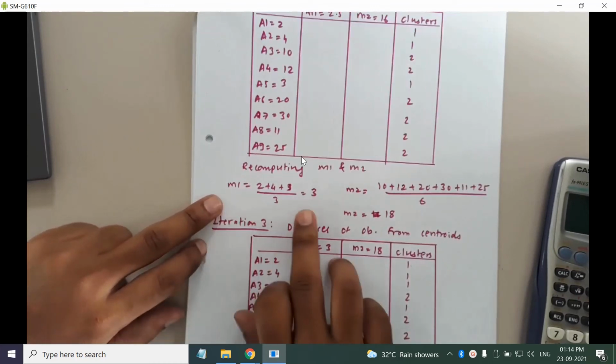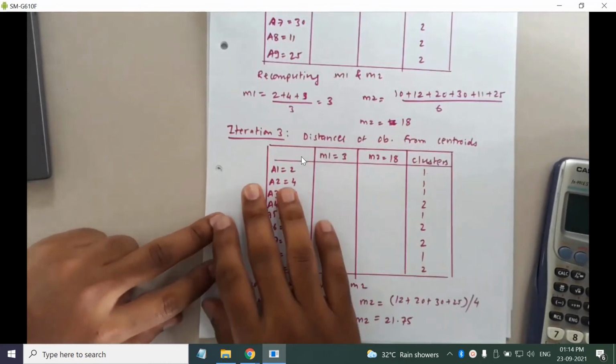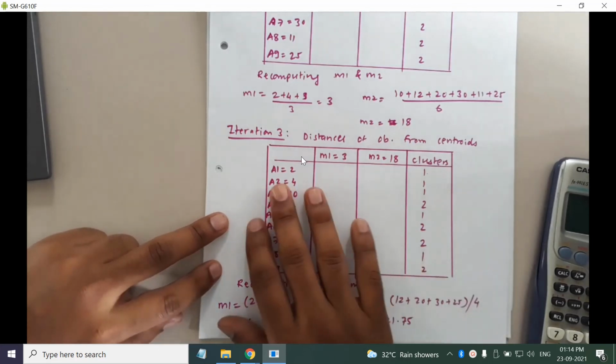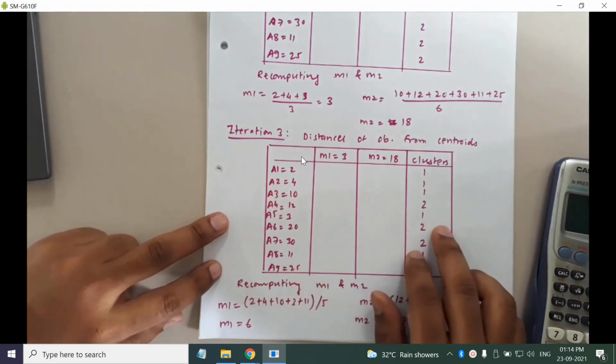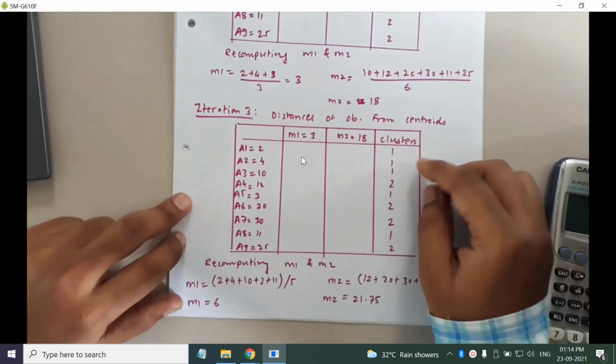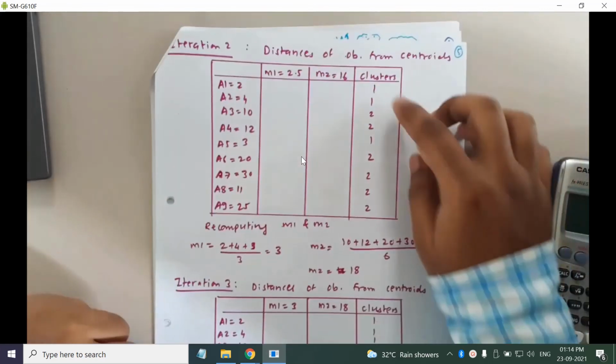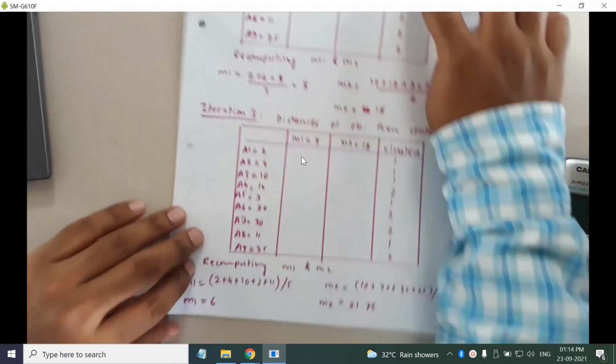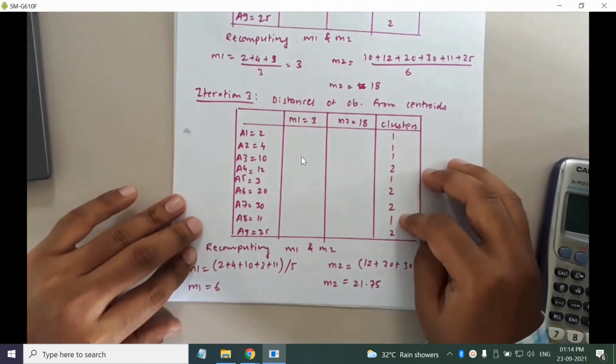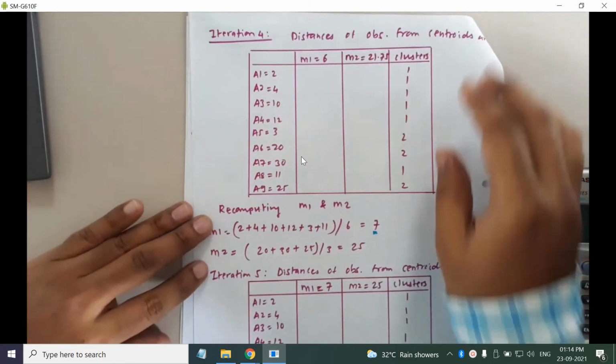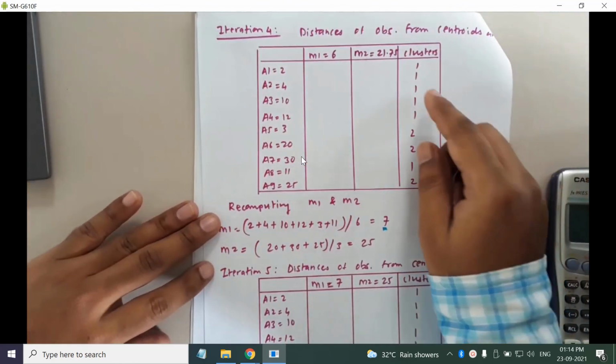Again there is a change in the m1 and m2 values. We have to go into iteration number 3, calculate the distance, assign the clusters. There were 3 points belonging to cluster 1, now we have 5. So you have to go into iteration number 4, and there is again a change in the cluster, so go to iteration number 5.